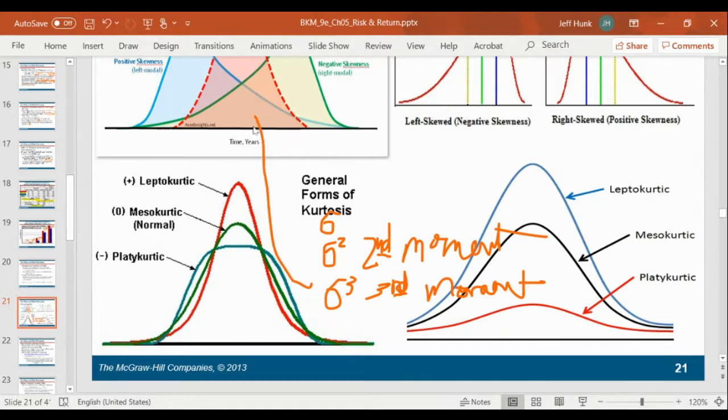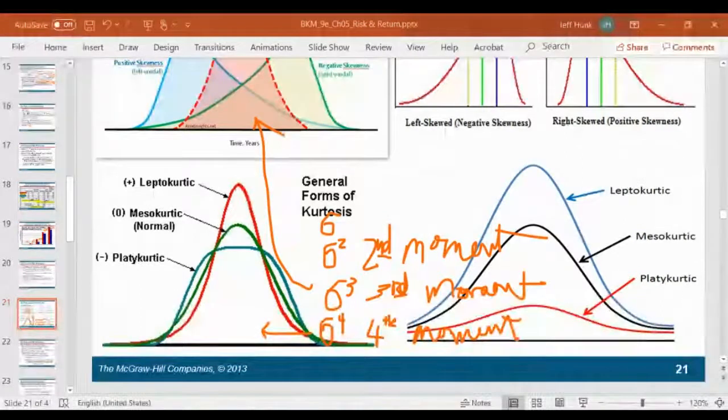And the fourth moment is kurtosis, right?